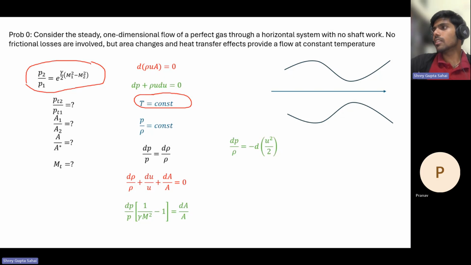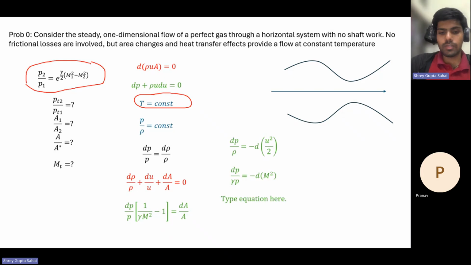This is fine with you, right? Now if I go ahead and write the next step, using that temperature is a constant, this is gamma RT, you can take gamma RT outside to get this, and I'll take it down here so that I get dp by p. This is the expression that we should have got.